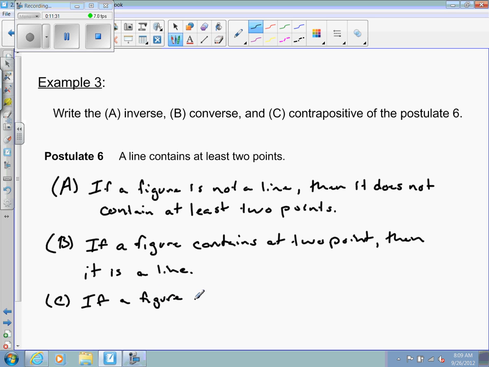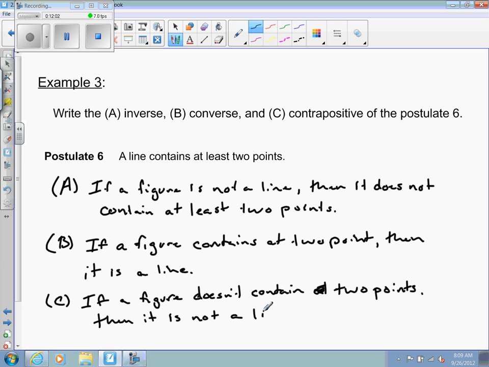So the figure does not contain at least 2 points, then it is not a line.